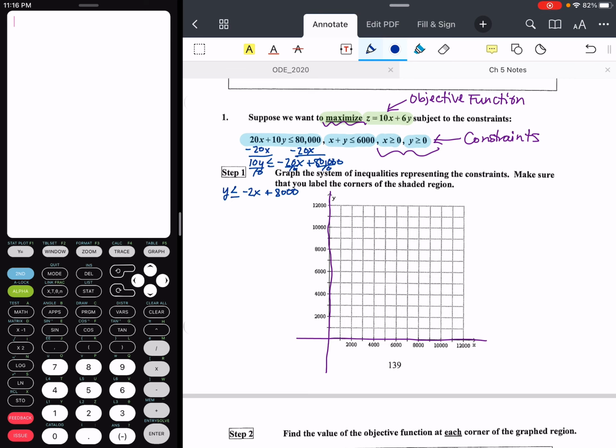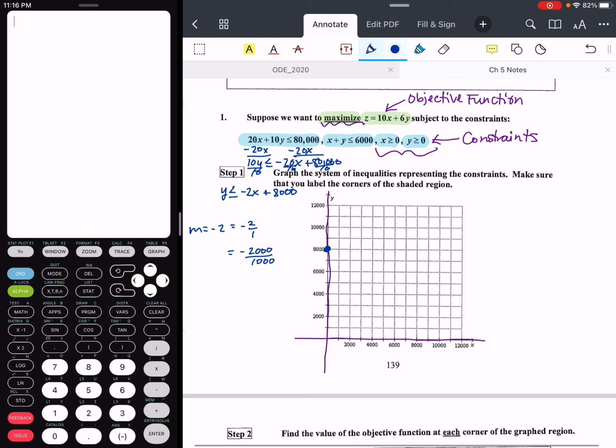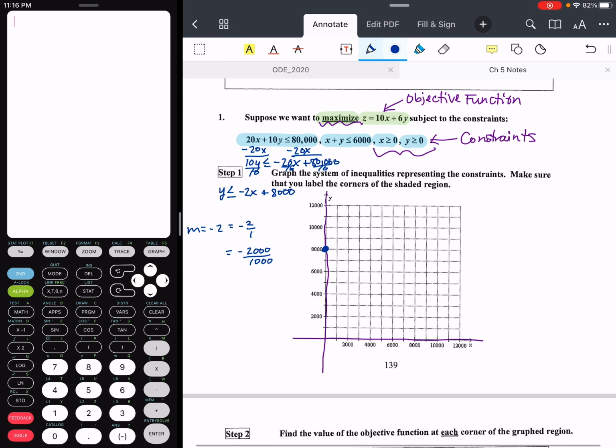All right, so my y-intercept is 8,000 right there. And then my slope of negative 2, I could think of that as negative 2 over 1, or I could even think of that as negative 2,000 over 1,000, right, given this scale. So for my y-intercept, if I go down 2,000, then I go to the right 1,000, down 2 to the right 1, down 2 to the right 1, down 2 and to the right 1.